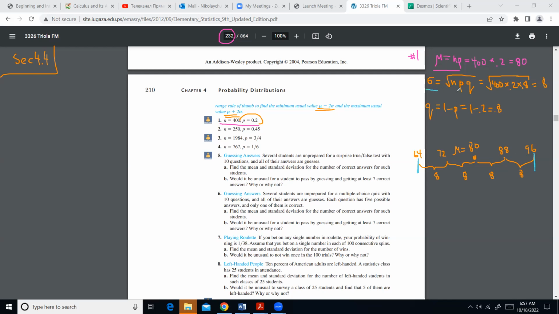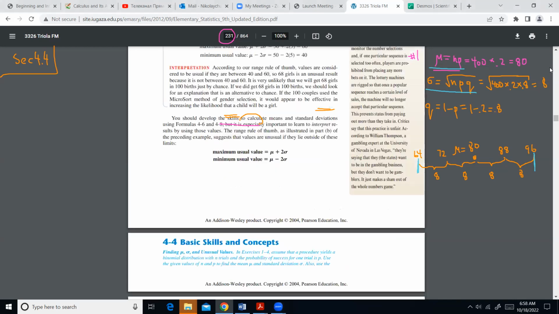So you're right, we didn't really see these formulas as of yet, but I hope that when you looked at these formulas, you noticed they're pretty intuitive, especially the formula for the average, which is a product of N and P. So maybe what I can do is return back to section 4.3.